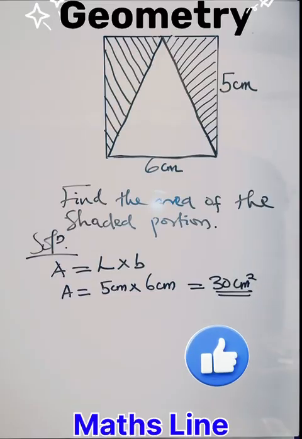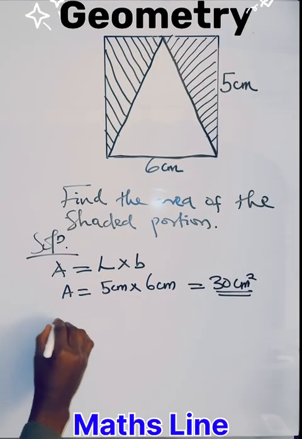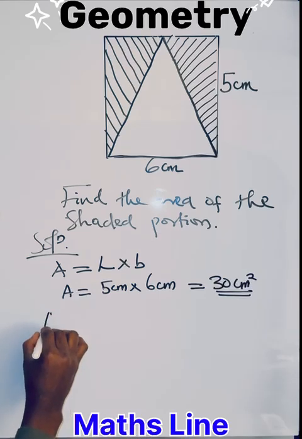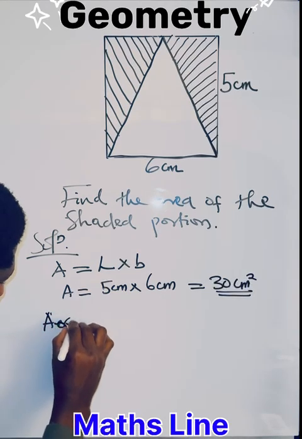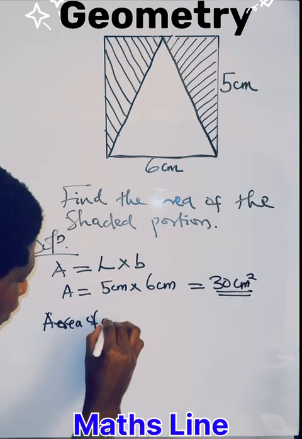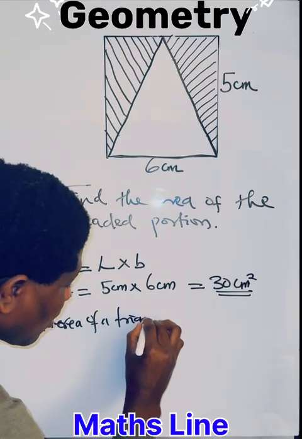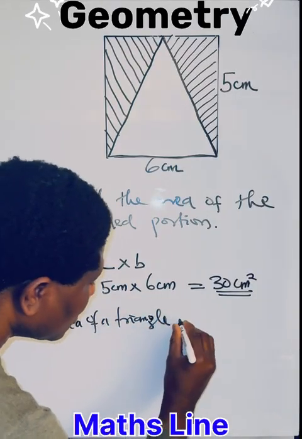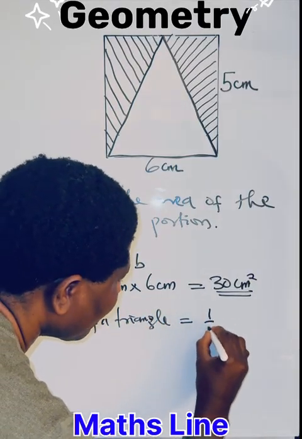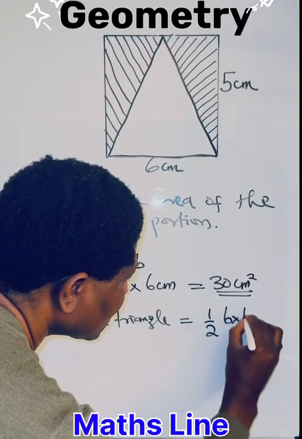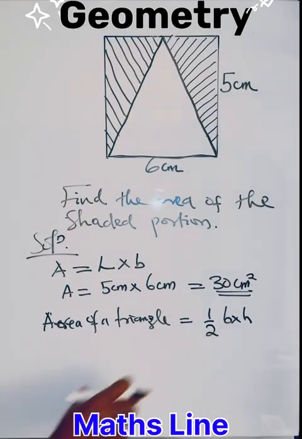So the next thing we need to do here is to look for the area of the triangle. And the formula for the area of a triangle is half base times height. That is the formula.